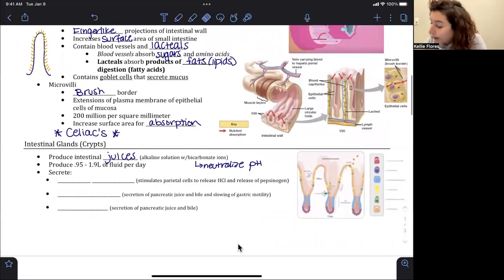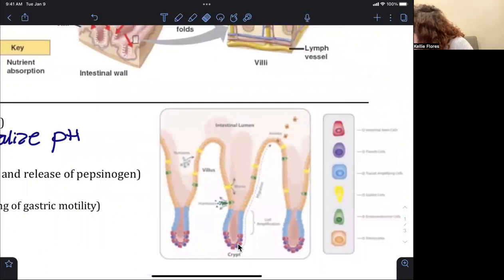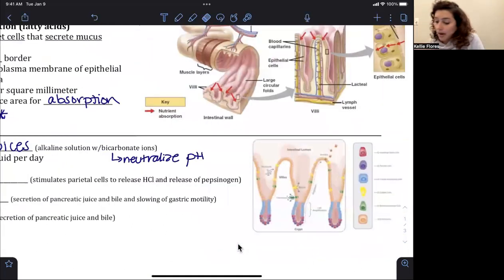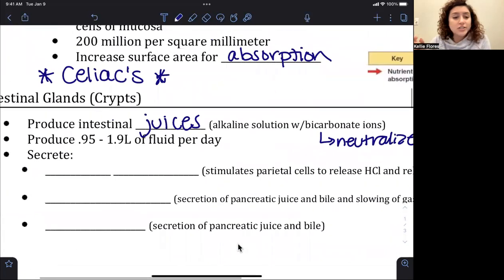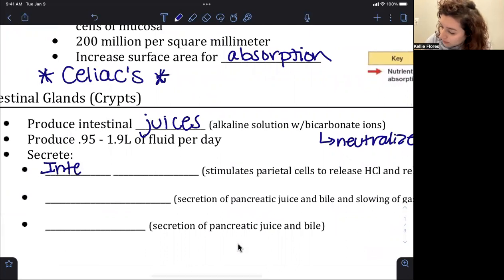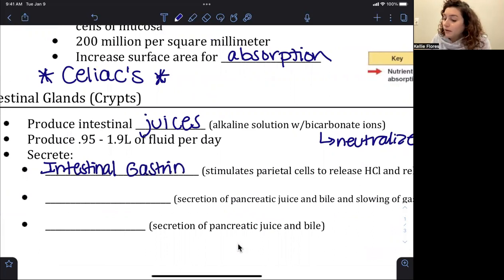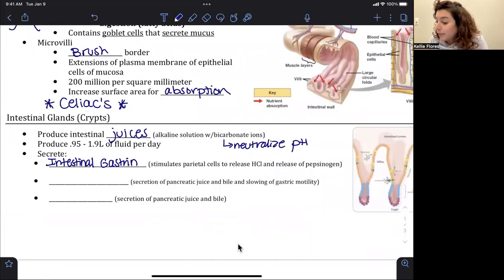And in these crypts, you can see here some of the cells that you would see. And part of that is also some hormones and some other stuff, but we'll start here. So the first thing we're going to say is gastrin. What this does is it stimulates parietal cells to release hydrochloric acid and pepsinogen.